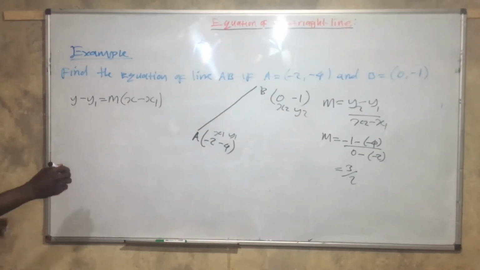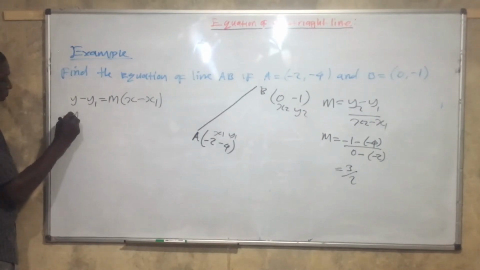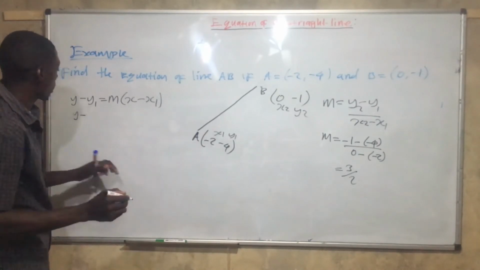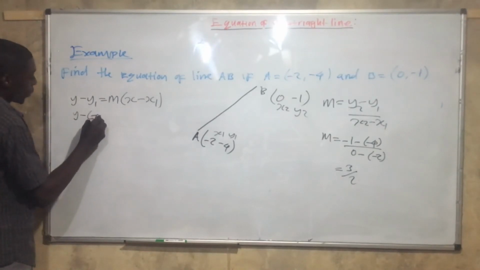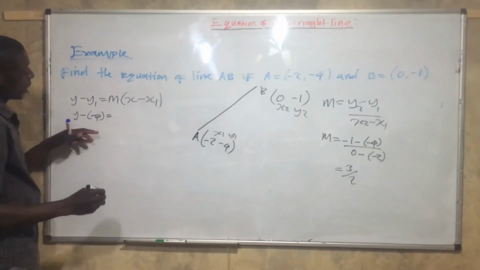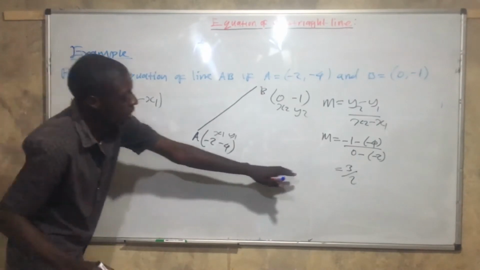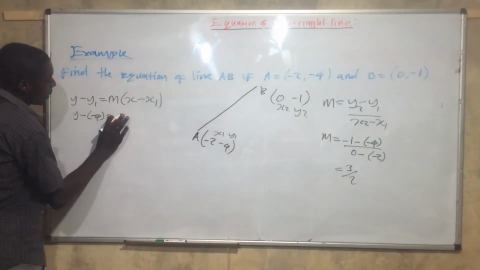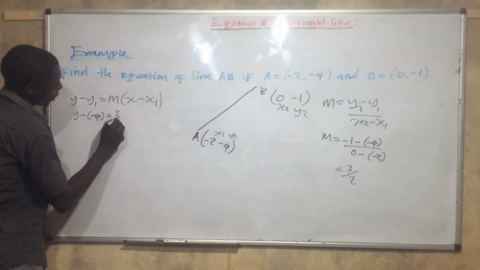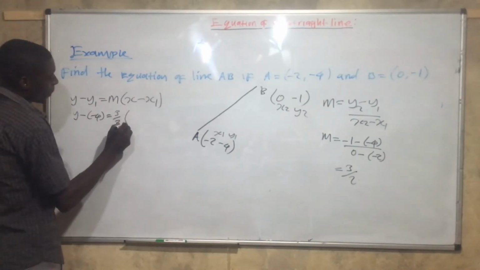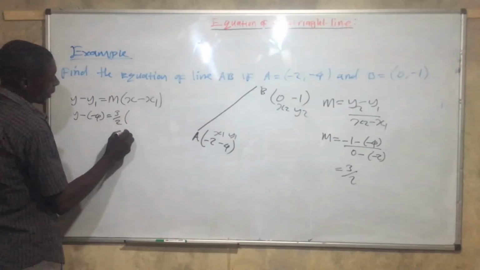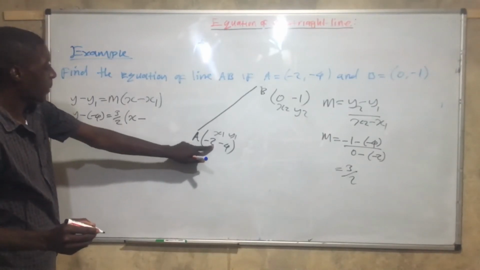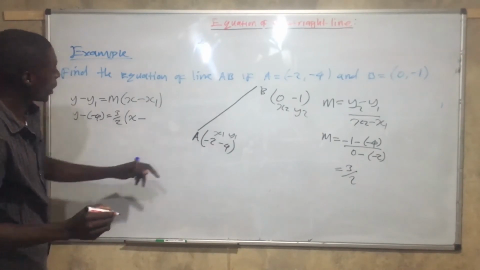So we say y minus, we know our y1 is -4, so y minus -4 is equal to our gradient, which is 3/2, open bracket, x minus our x1, which is negative 2.